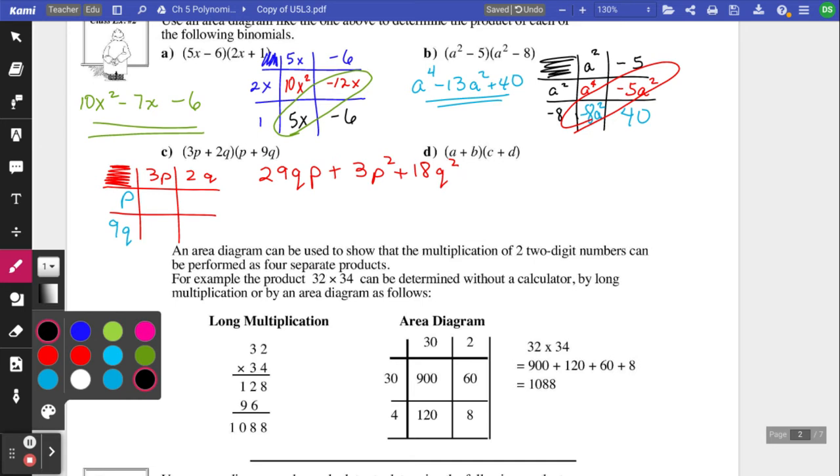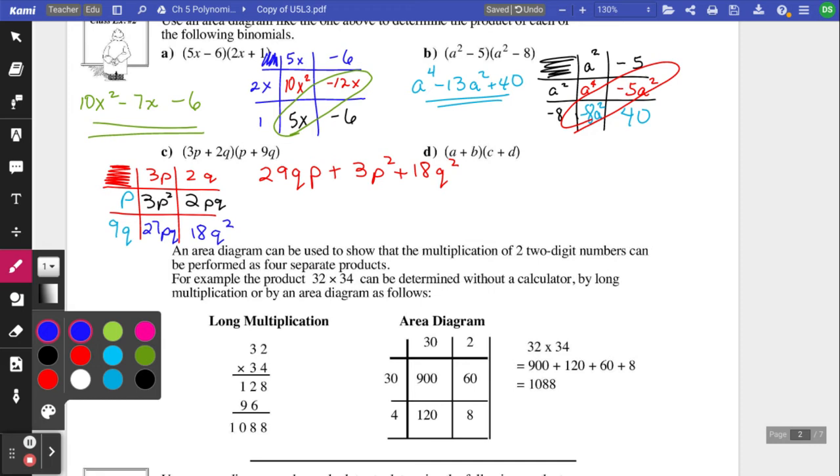So when I multiply them together, I'll get 3P squared there. I'll get 2PQ there. I put the PQ first because I put it in alphabetical order. And then for my 9Q and my 3P, that'll be 27PQs. And then my last block, 9 times 2 is 18, Q times Q is Q squared.